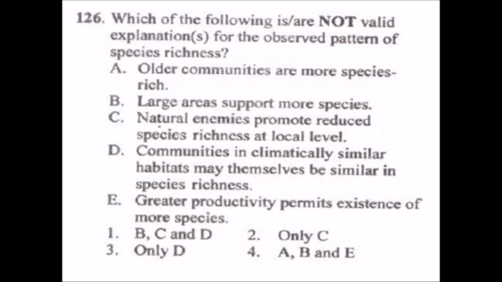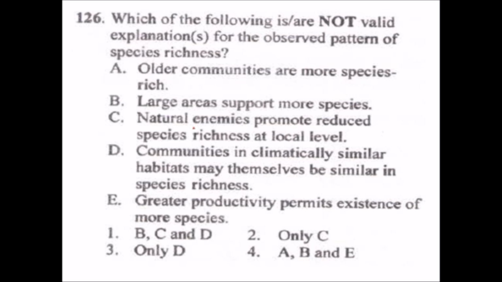Next statement is natural enemies promote reduced species richness at local level. We can't say that natural enemies will promote or reduce the species richness, because there are certain food webs or certain patterns of survival in a particular area, which also consist of the prey as well as predators.